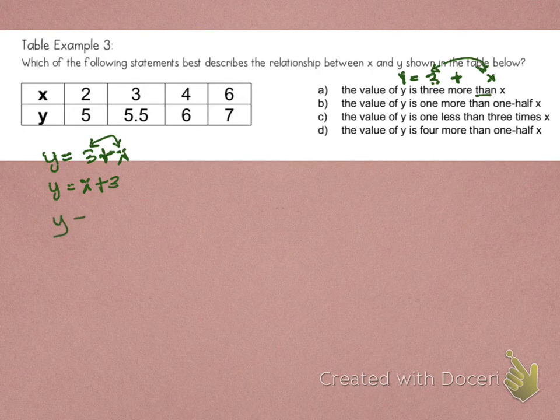So y equals x value, which is 2, plus 3 is 5. And that works. So let's try the next one. Y equals your x of 3 plus, it says 3 more, y equals 6. That does not work. So A is not the correct answer.